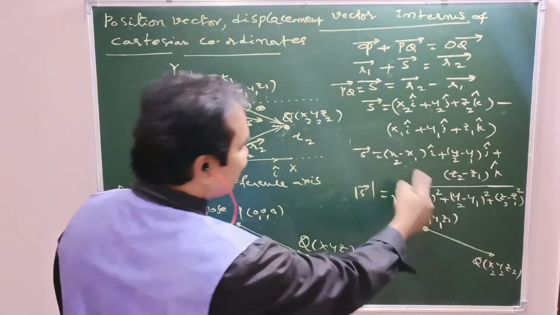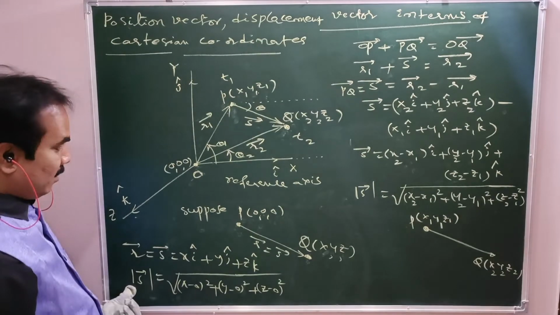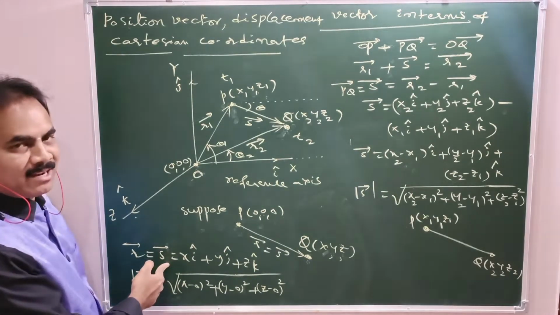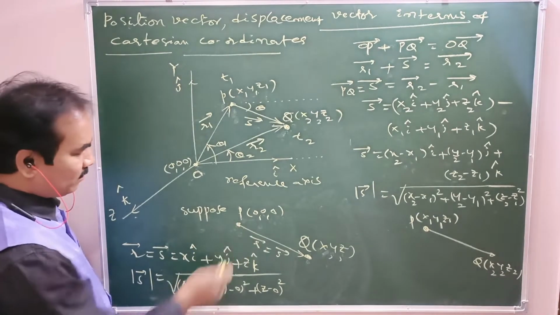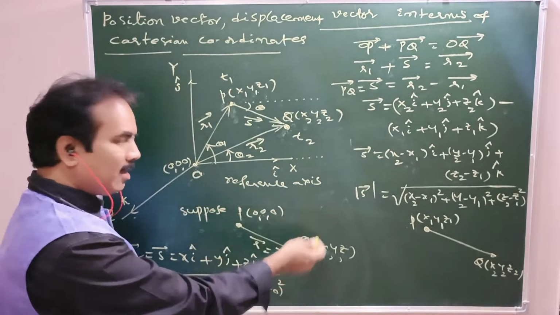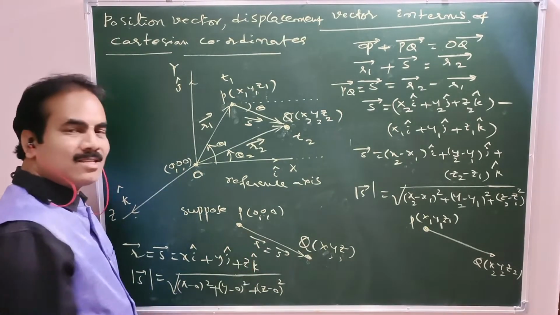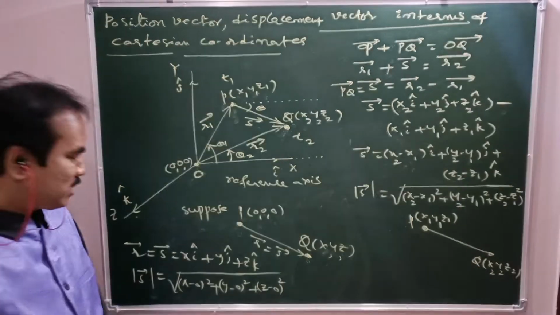So making use of this expression, we can find the magnitude of the displacement vector or position vector in this case. What is that case? P is taken as origin and Q as the particle with coordinates x, y, z. In that case, r bar itself is the displacement vector.